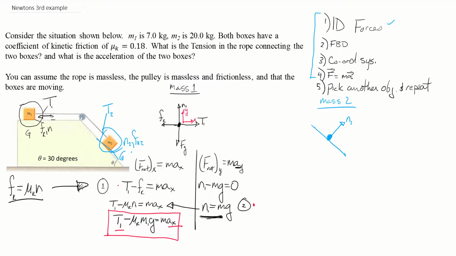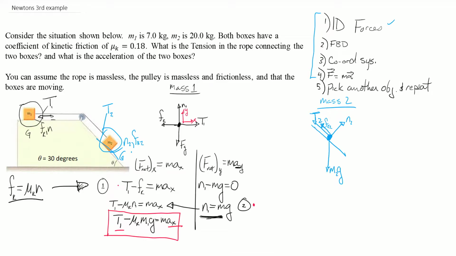I know tension is going to be in the direction the rope is pulling, so that's T2. Friction, the kinetic friction is going to be opposing the motion, so this is going to be presumably sliding down the ramp. So there's also going to be a friction pointing upwards that way, that's FK2. Sorry about the sloppy handwriting. And I know gravity is going to be pointed down, m2 times g. So I've got my free body diagram there.